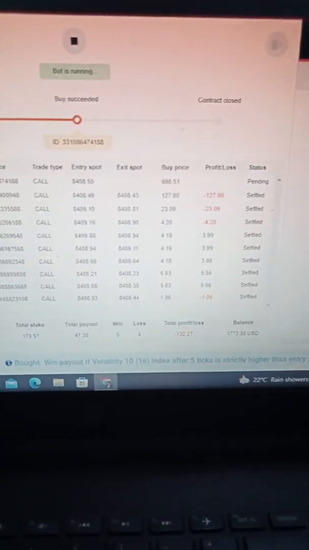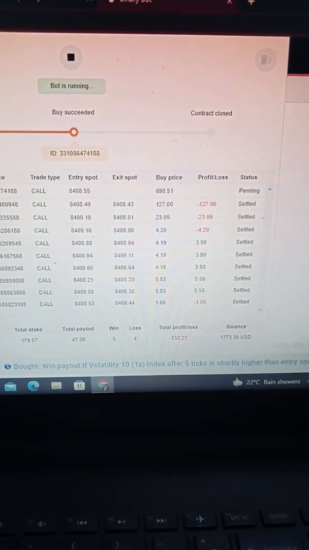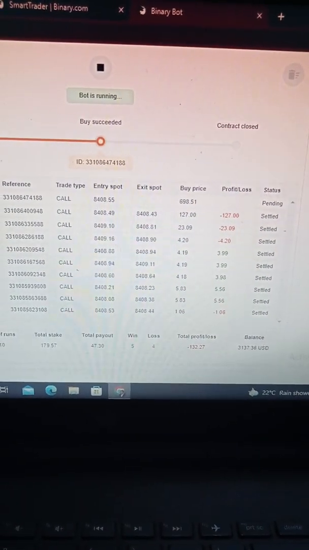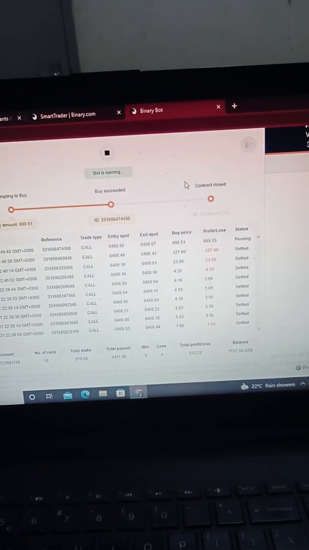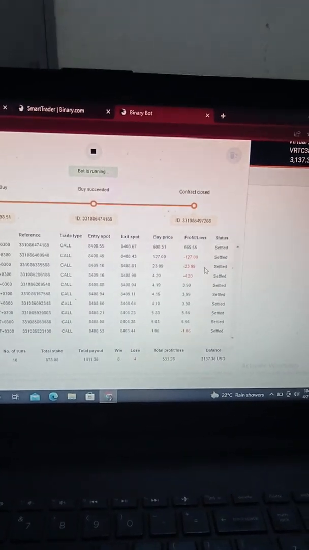See? Well, as of now, we have 5 wins, 4 losses overall. We have a loss of negative $132, but we managed to get a comeback with a 665 USD winning streak.